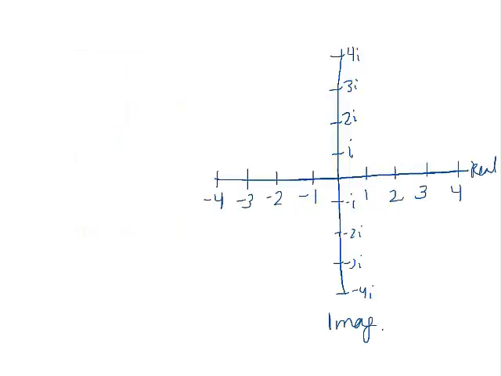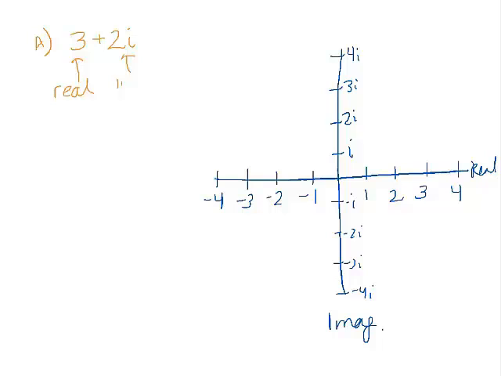Next, let's see where these numbers are on the complex number plane. What if I were to graph the number 3 plus 2i? And let's label that point A. 3 is the real number, so I would go to, let's see, 1, 2, 3 on the real.